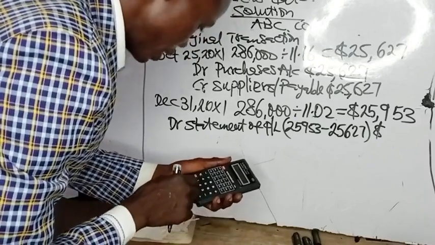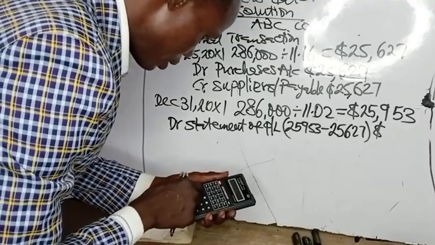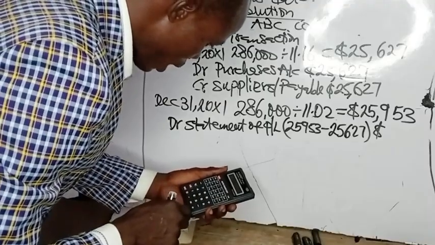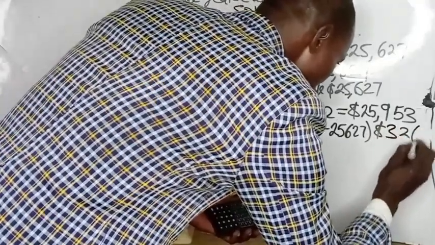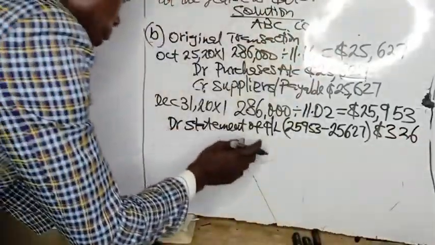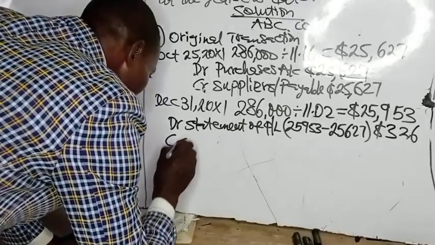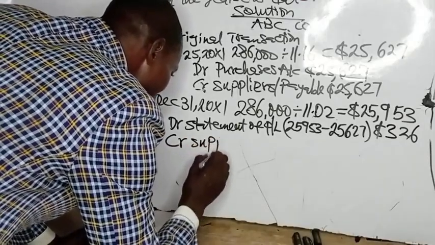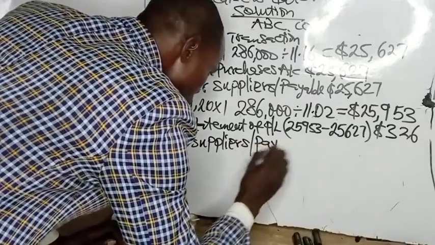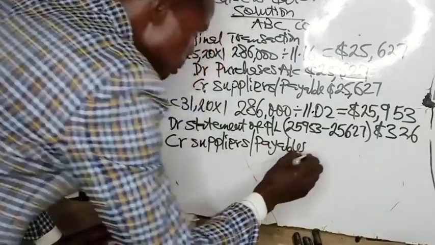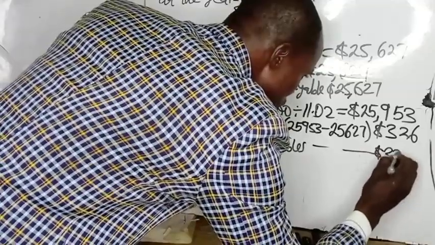You subtract it. You have $326. You debit the statement of profit or loss, then you credit suppliers or payables with the same amount, $326.